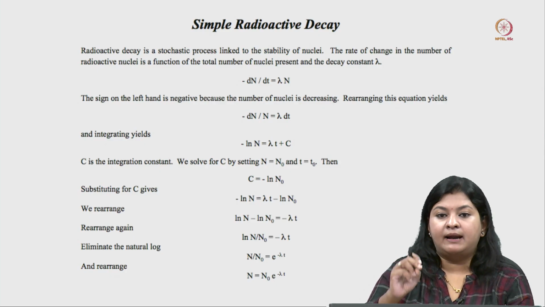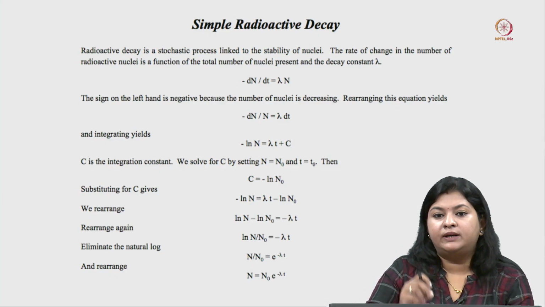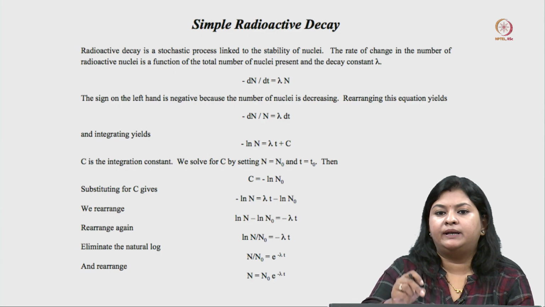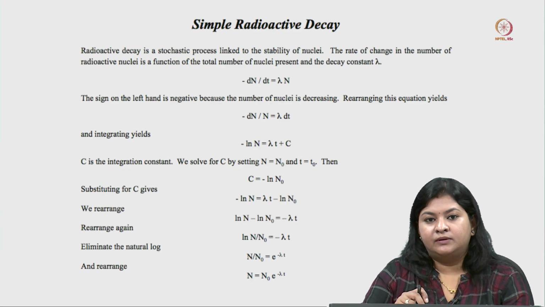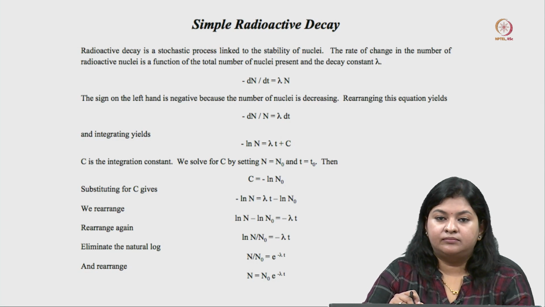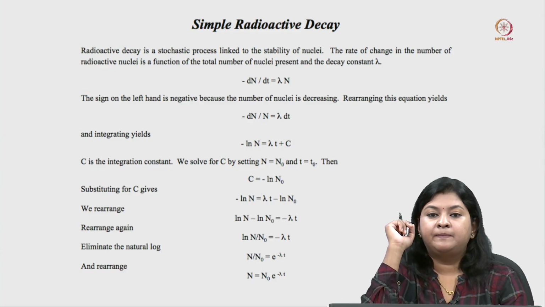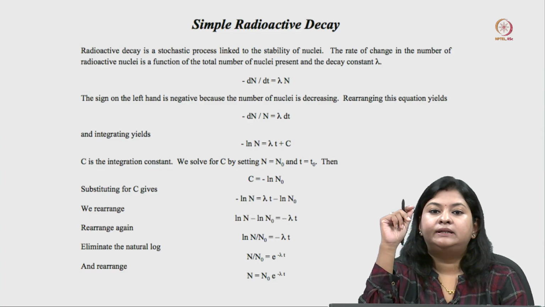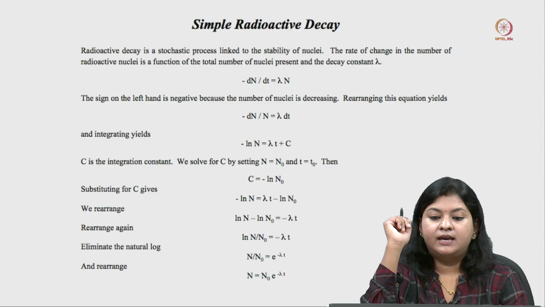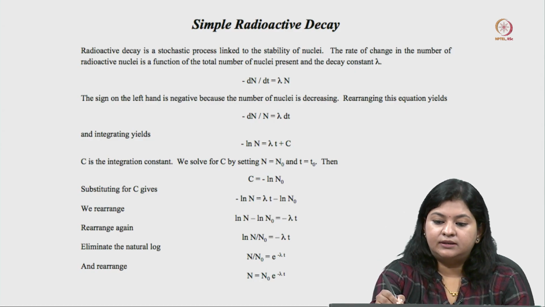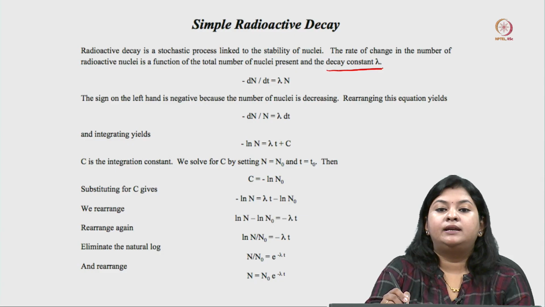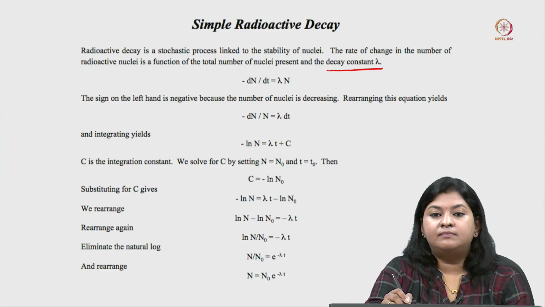There will be a pattern, but you cannot exactly predict when it can happen, and it is all linked to the stability of the nuclei. Now, when this change is happening, there is a rate called the decay rate. This has a constant term, which we denote with the symbol lambda.